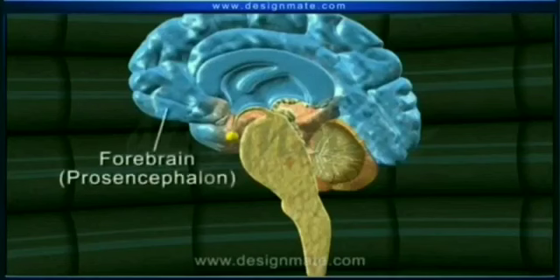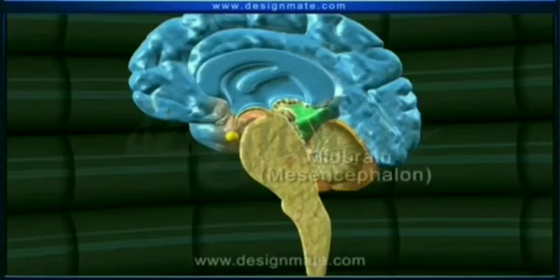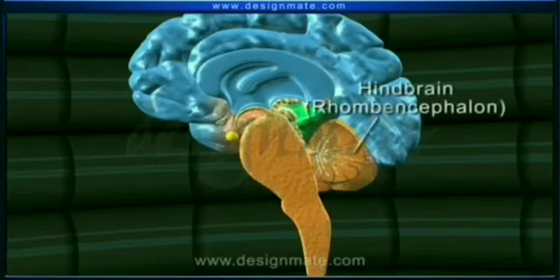Let's see the first part, that is forebrain or prosencephalon. The human brain consists of forebrain, midbrain and hindbrain.